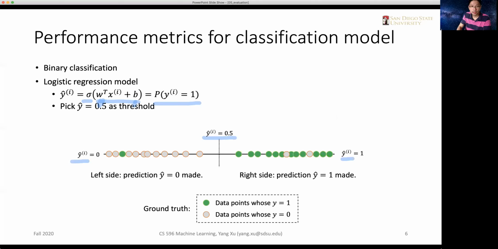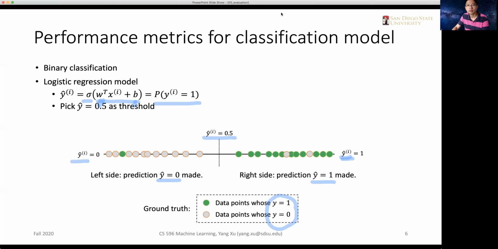Okay, so we basically want to use the relationship between the predictions, y hat equals 1 and y hat equals 0, and the actual labels to help us have an overall evaluation of the model.